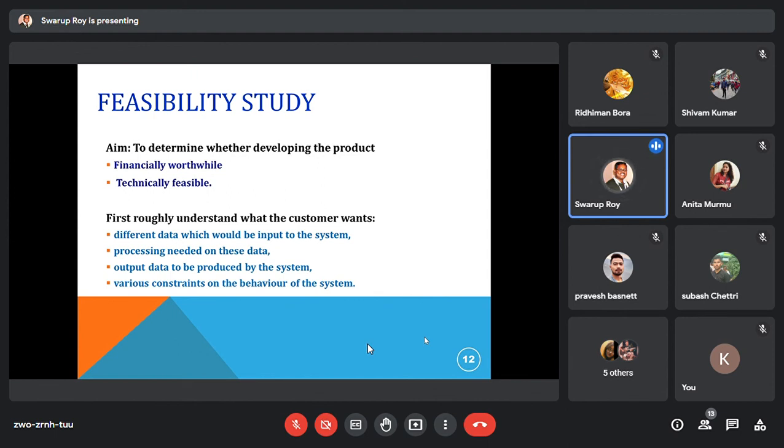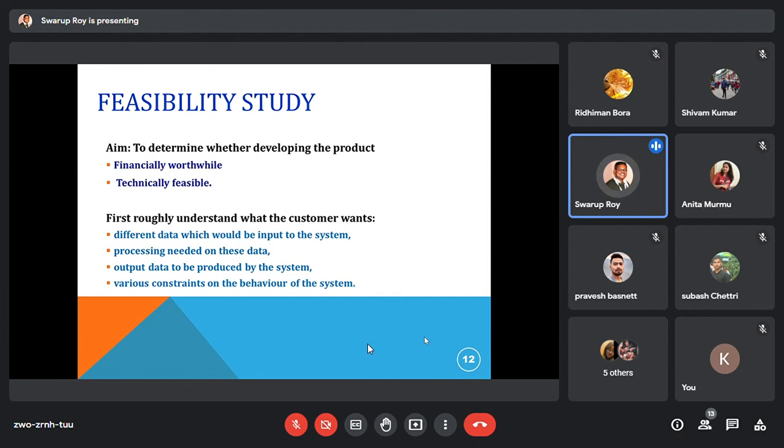Firstly, roughly they understand the customer's need, and then initially they collect different data. I'm not talking about numerical inputs, I'm talking about what the client says: what is their input to the system, what is the output they are expecting from the system.